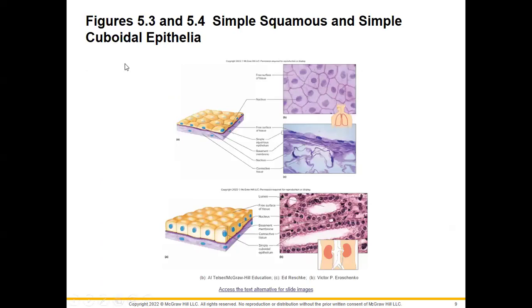So remember I said that simple squamous looks like a bunch of fried eggs. At least that's one of the ways I've heard it described. If you look at this image, it looks like a bunch of eggs were cracked open on a skillet side by side, and they were just allowed to sit there. Those are actually your simple squamous cells.